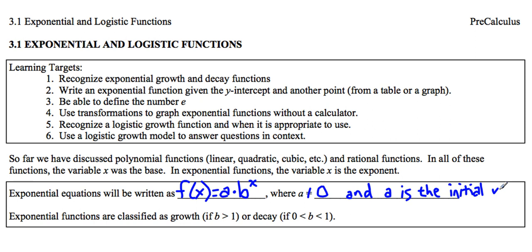Okay, and what we mean by initial value is the value when x equals 0.